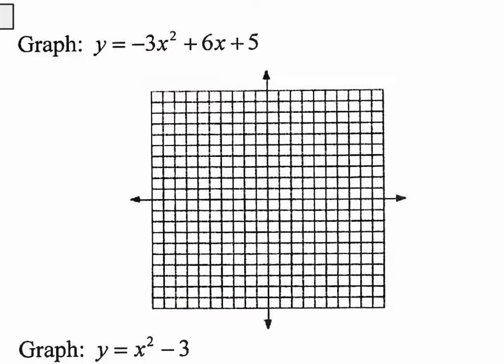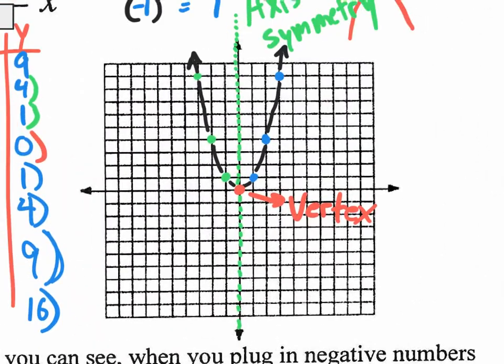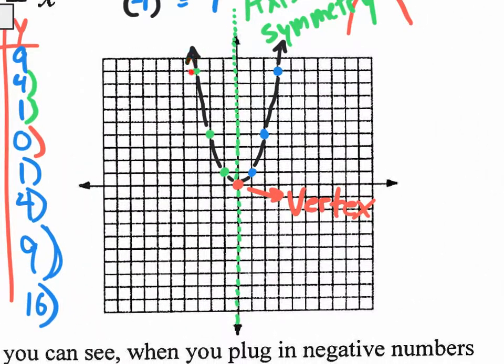The parent graph is a regular U-shaped curve. Why is it not too wide, not too narrow? Because the a value is 1. If you went to 1/2, it would get wider. If you went to negative, it'd be the same width, but opening down. So y equals negative x squared would be opening down. Y equals -3x squared is going to be very narrow, opening down.